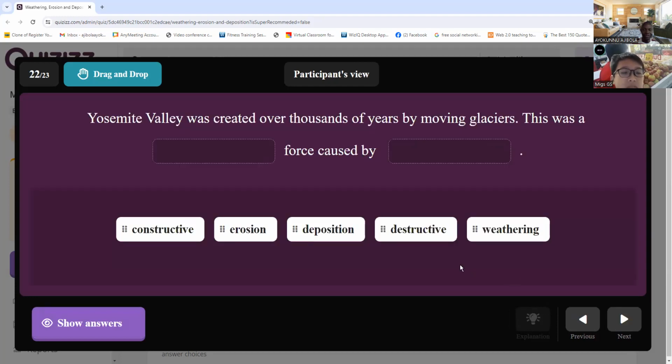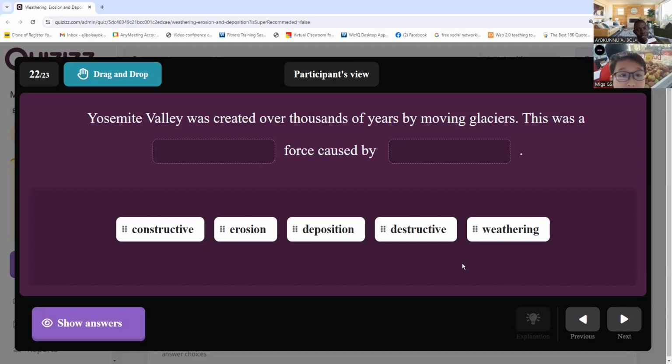Yosemite Valley was created over thousands of years, very long years ago, by moving glaciers. This was erosion and deposition. Erosion first, then deposition.